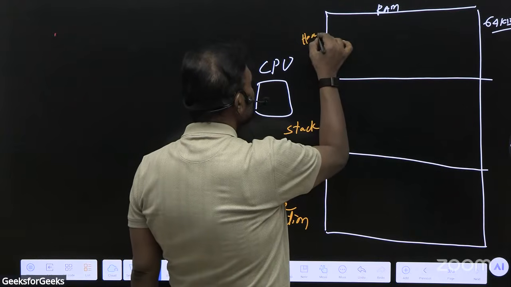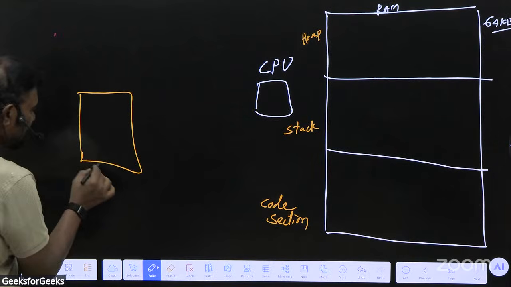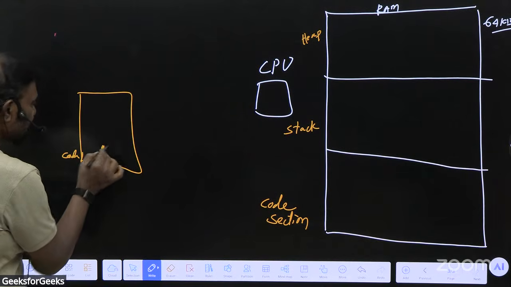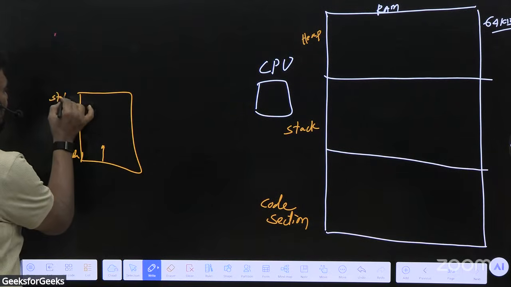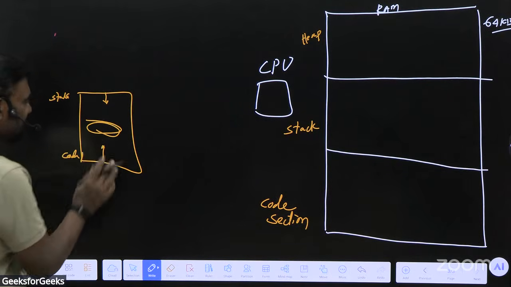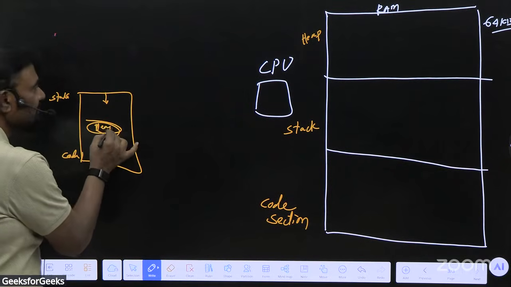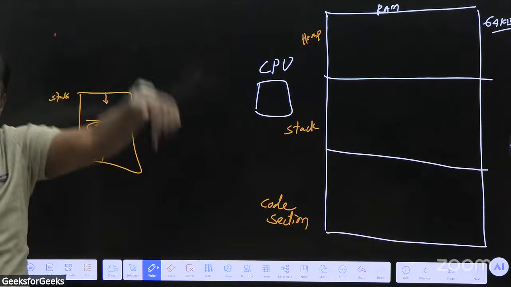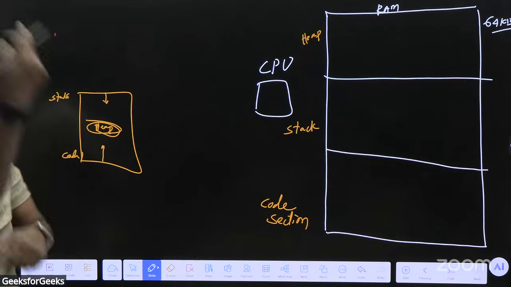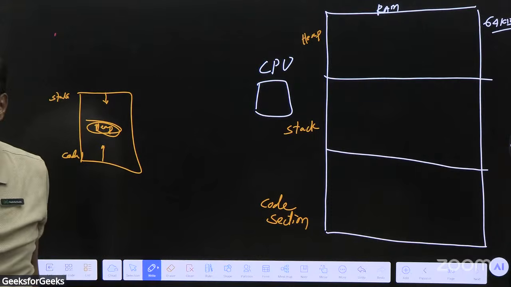And this I'm calling the heap. Actually, if this is RAM, the code section starts here and goes like this, and the stack comes from the higher addresses downwards, and whatever space remains after occupying this and this is called the heap. Stack starts from the higher addresses downwards, and the code section starts from lower addresses upwards. In between, the remaining space is called the heap.